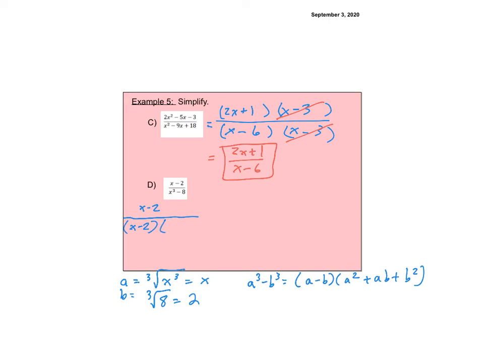The second set of parentheses is a squared plus ab, which is 2x, plus b squared, which is 2 squared, which is 4. So the x minus 2's can cancel out, and we end up with just 1 over x squared plus 2x plus 4.